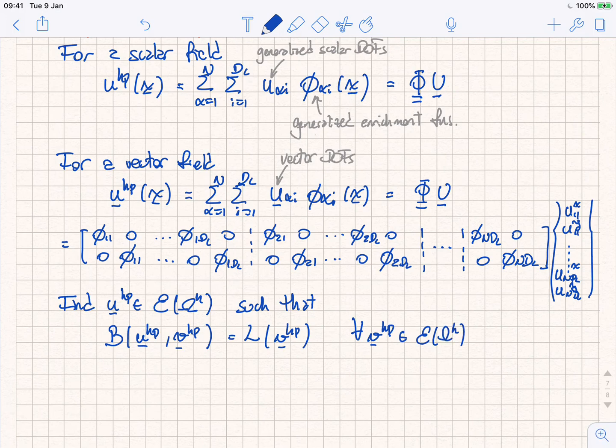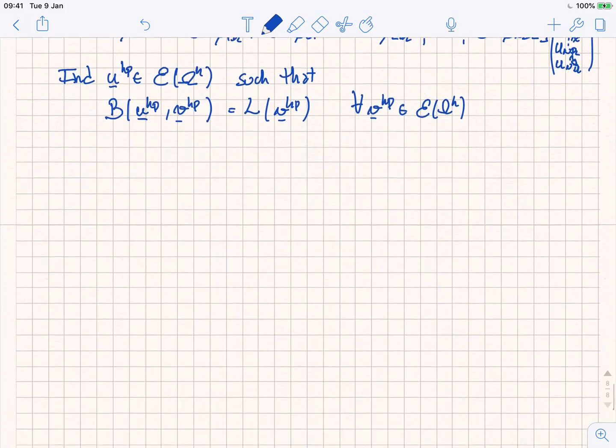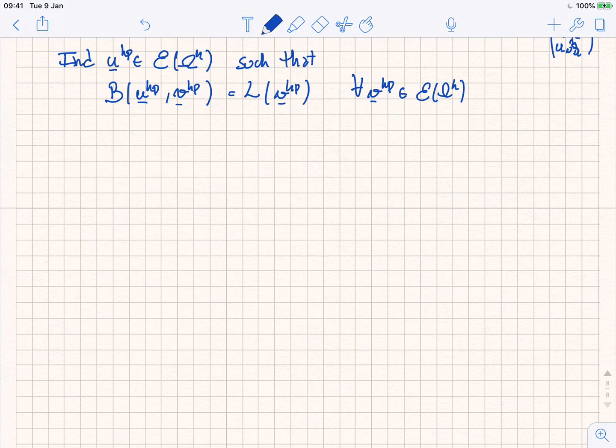And this basically is the abstract way to say, well, we're interested in this problem, and depending on the type of differential equation that you're solving, the bilinear and linear forms are going to take one or another form. Okay? So this, of course, led to our system of linear equations. So at the end of the day, we're interested in solving numerically our Ku equals F system.